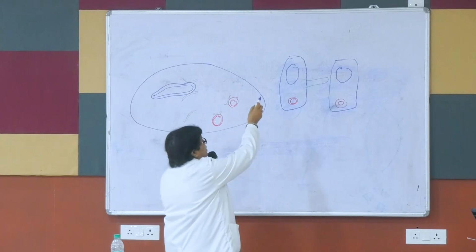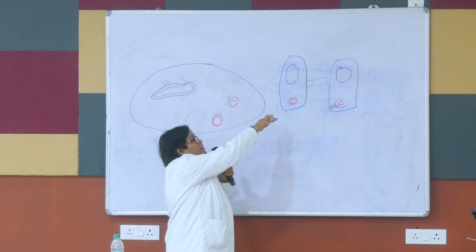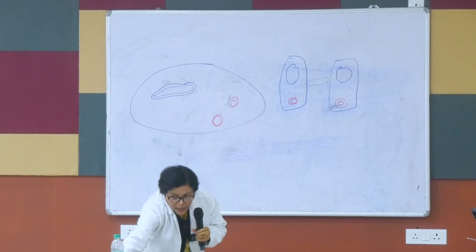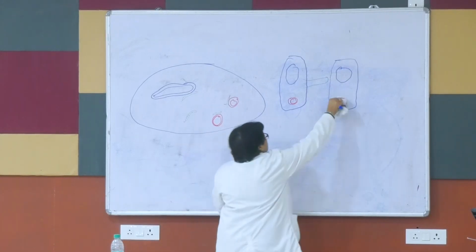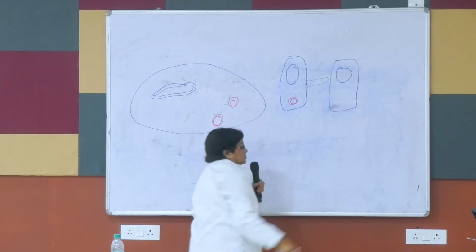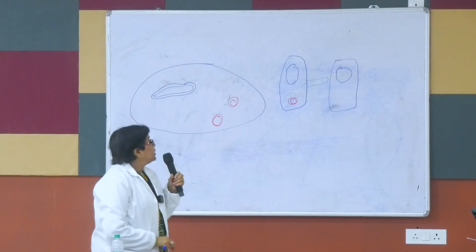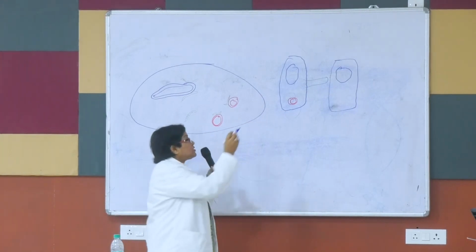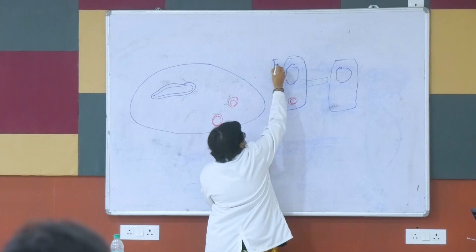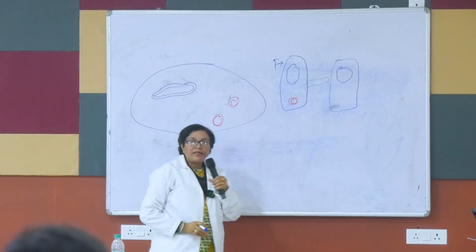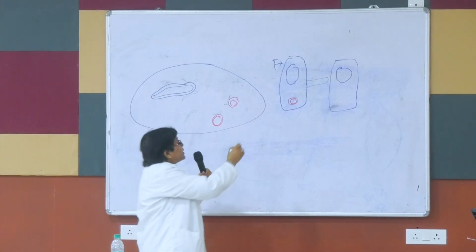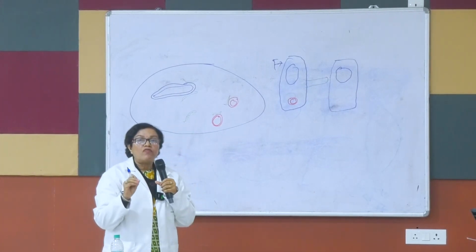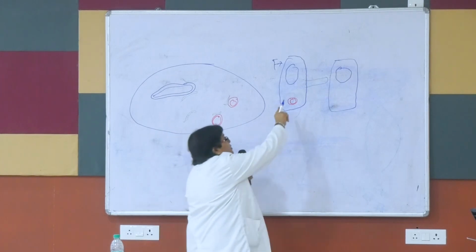This is one bacteria having chromosome and plasmid. This is another bacteria having chromosome, no plasmid. The one which has plasmid is called F plus. F means fertility factor, that it has a plasmid which codes for formation of pilus, the sex pilus.